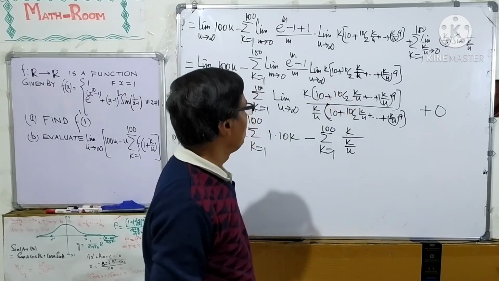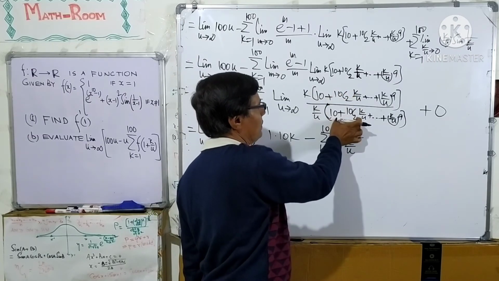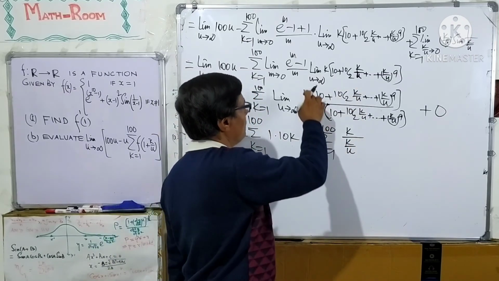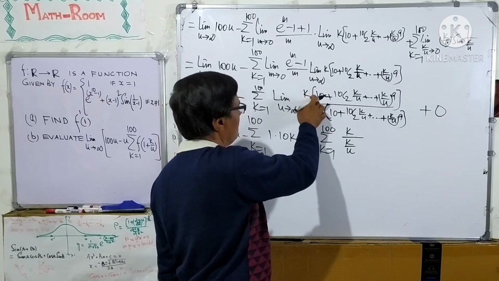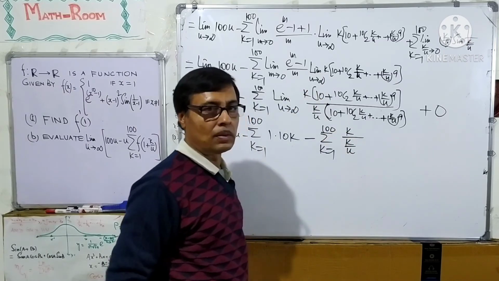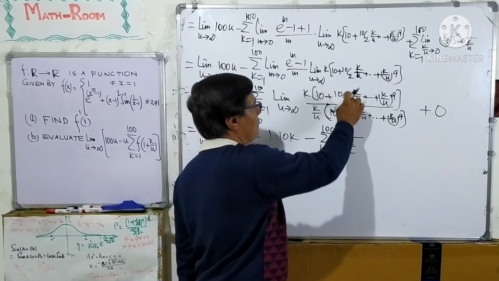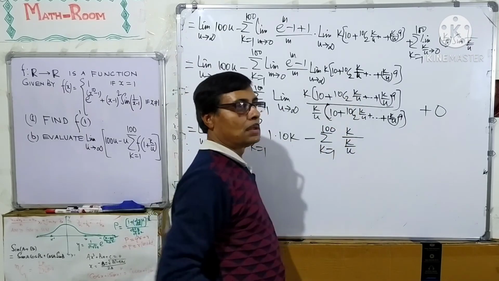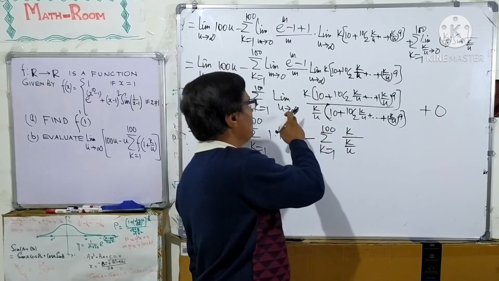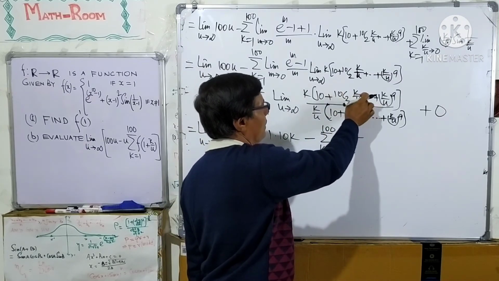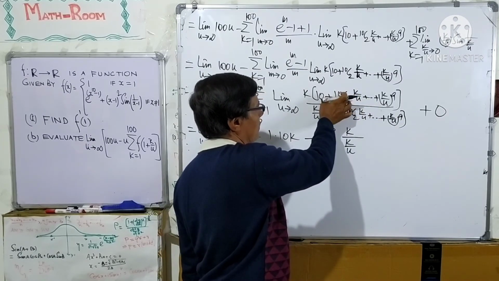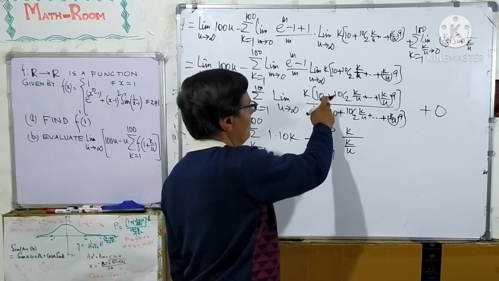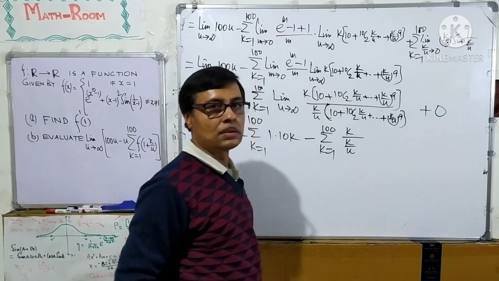For u tends to infinity, this value is 10, this value is 10. So, these two are cancelled out, and also we get from this limit k over u. These two terms are the same terms, they are cancelled out because as u tends to infinity, this term has a finite value, and also this term has a finite value. This value is 10. So, 10 over 10 is 1.